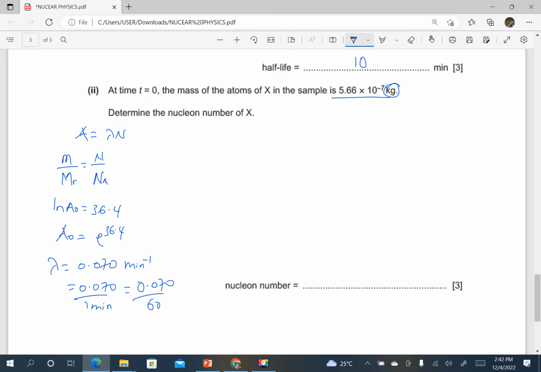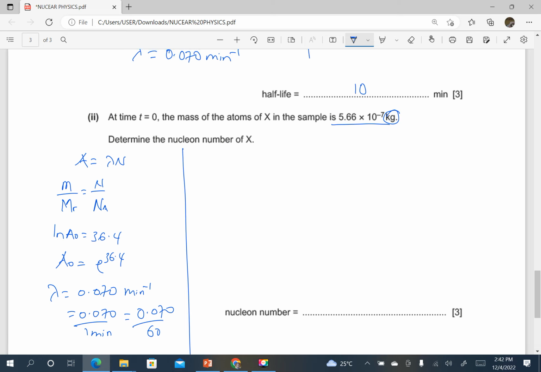That is now per second, because 1 minute is 60 seconds. Okay, I was just looking for a simpler way of doing this, but this is fine. So the activity, e power 36.4, should be equal to the decay constant, 0.070 over 60, times N.